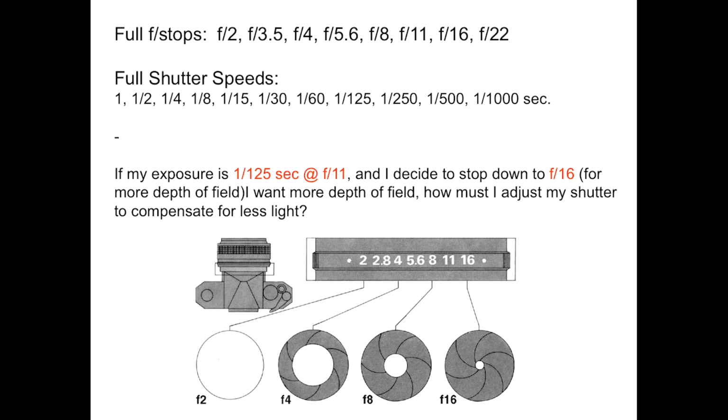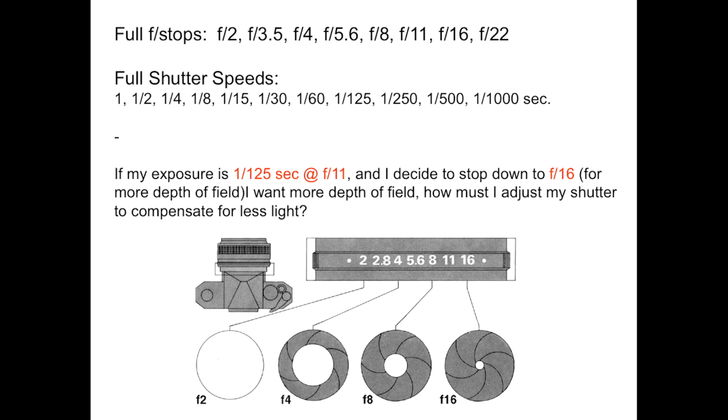So the correspondence between shutter speeds and f-stops should be apparent. If f-stops allow 1/2 or twice the amount of light of their neighbors, and the shutter speed does the same thing, there's a correlation between the two. So if I pick a shutter speed and f-stop based on the ISO and the amount of light in the scene, let's just say I pick 1/60th of a second at f8.